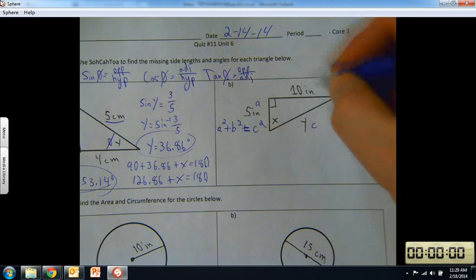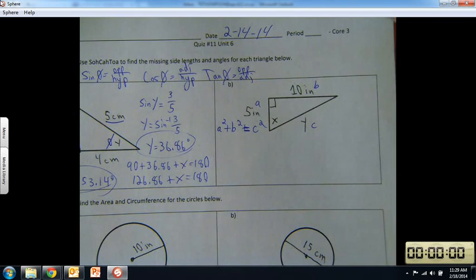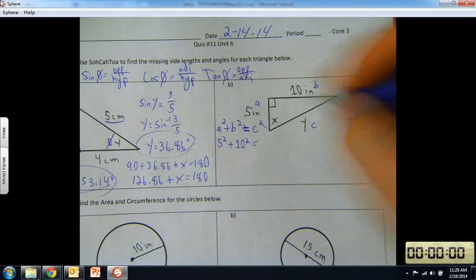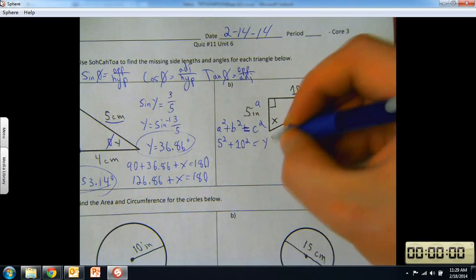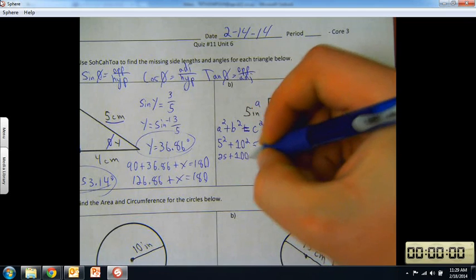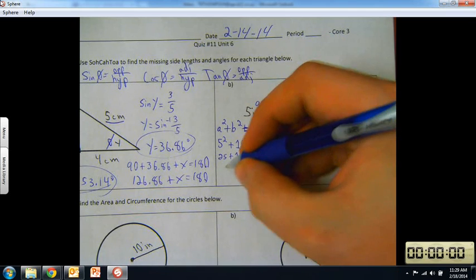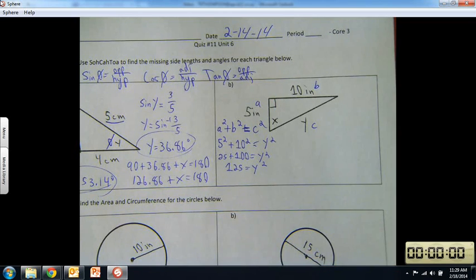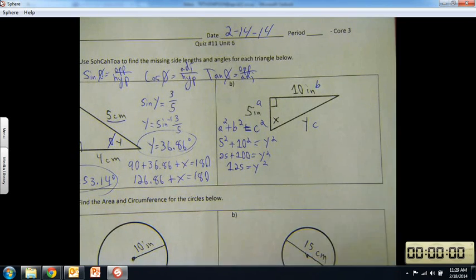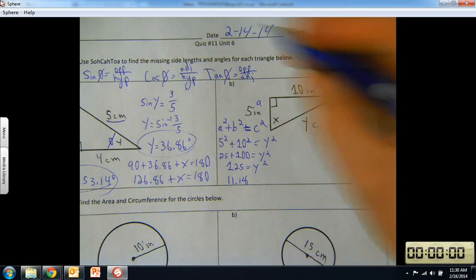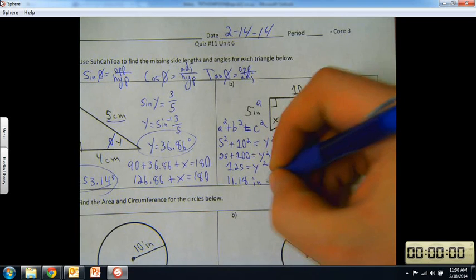A and b can be either one. So I have 5 squared plus 10 squared equals y squared. 25 plus 100 equals y squared. 125 equals y squared. Take the square root of 125 and you get 11.18. And we're in inches, equals y.